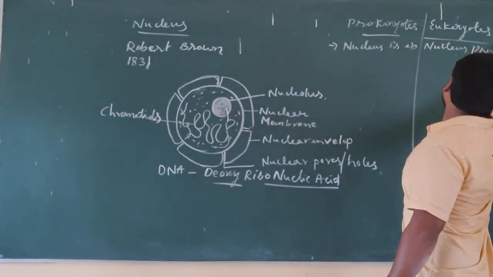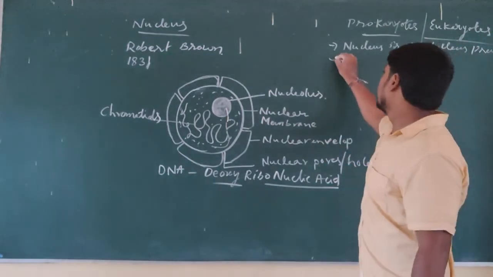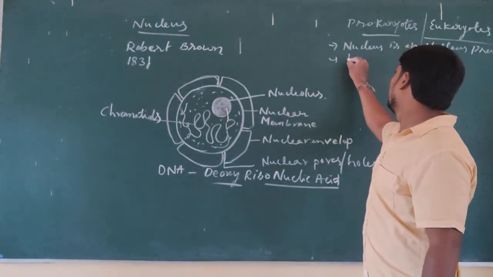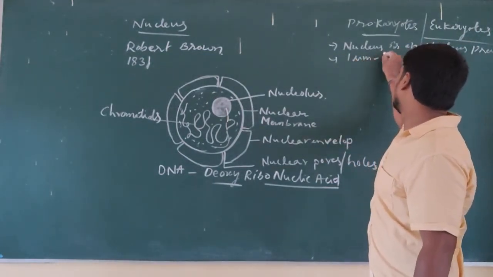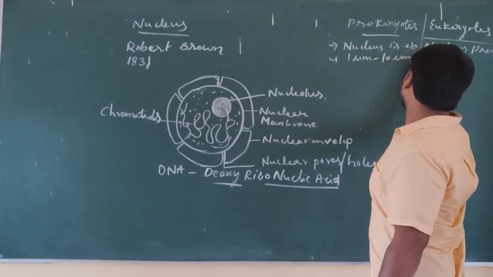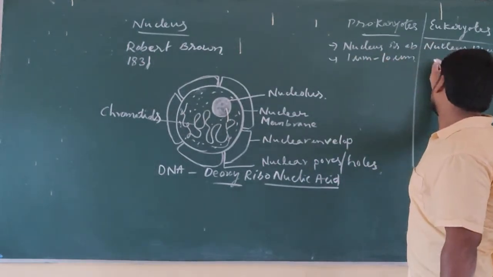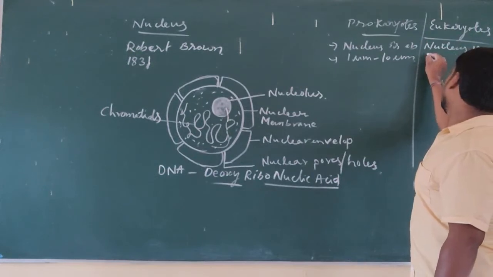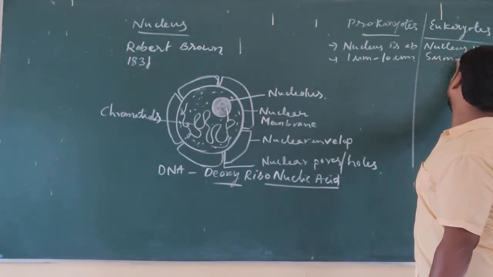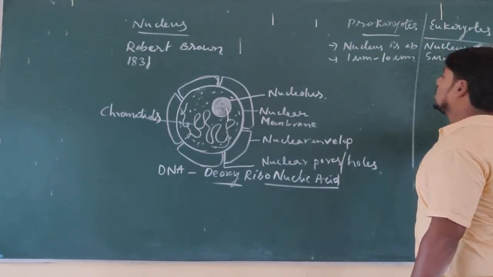And what will be the size of these prokaryotes? They measure around 1 micrometer to 10 micrometers. And what about eukaryotic cells? They measure from around 5 micrometers to 10 micrometers.